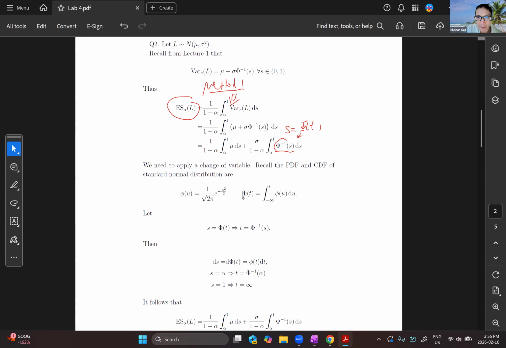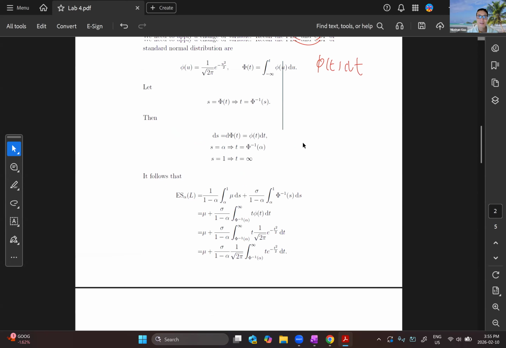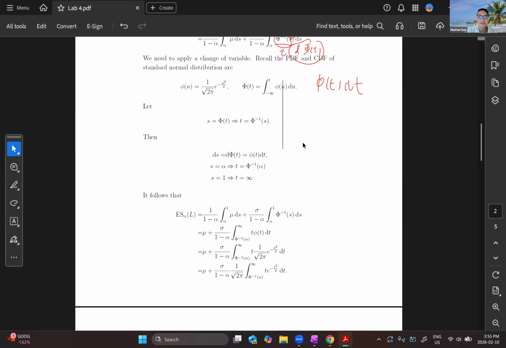Put s into this one, you just have t left. Then d phi of t, ds becomes d phi of t. What is d phi of t? The derivative is phi prime of t times dt. So you end up with this one. Think about what I say.